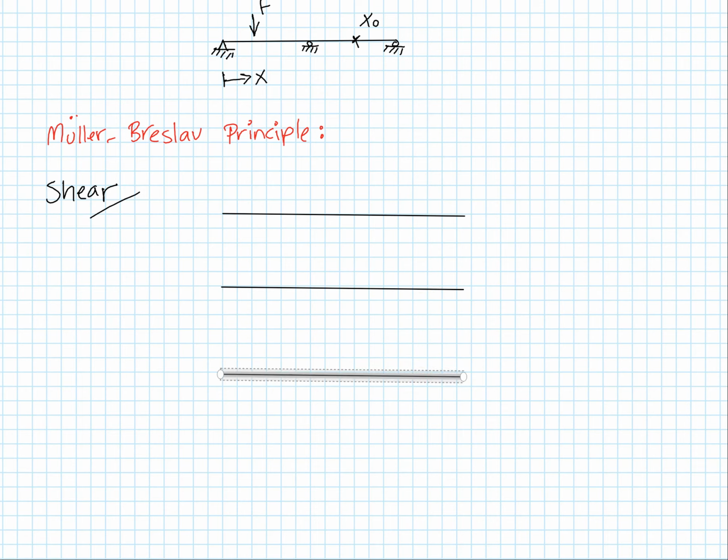I need 3. So I have a pin connection here. And I have a roller connection at the very far end. And the point of interest in this example is at the midspan here. So I have these lengths L, L, and L. And the question that I'm asking is, at what position can I put a point load that results in maximum shear at this position of interest, this position here?